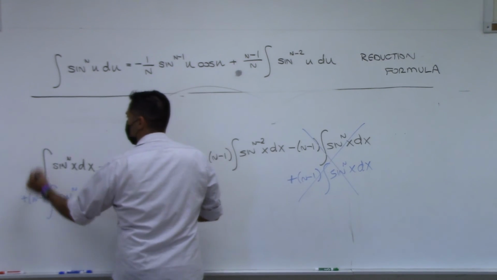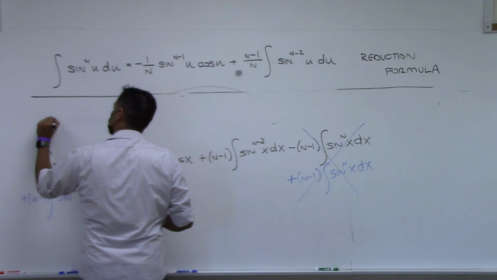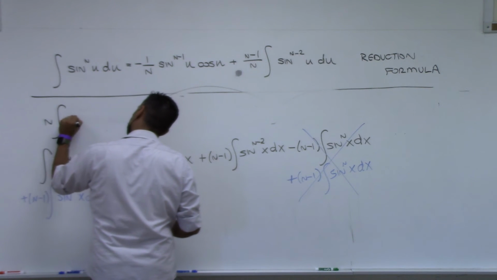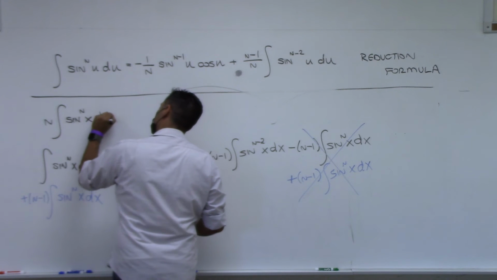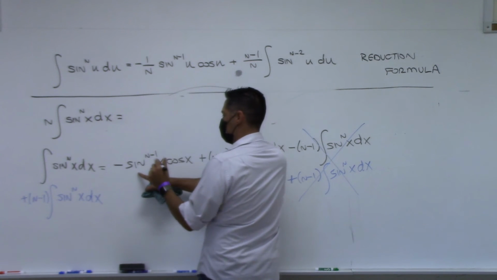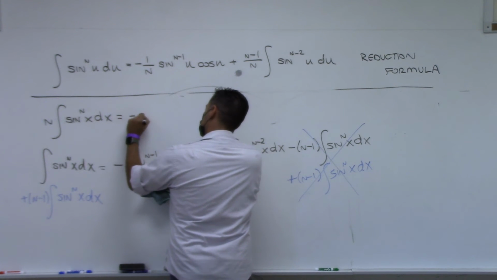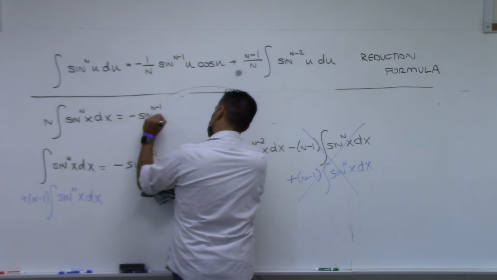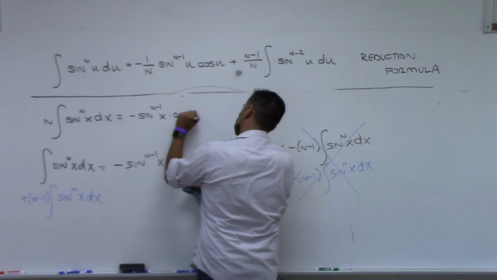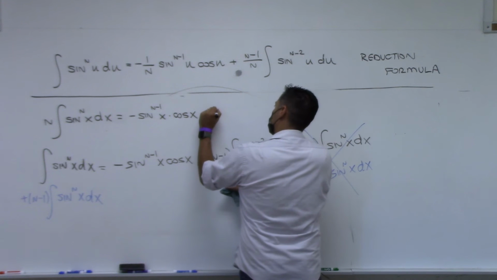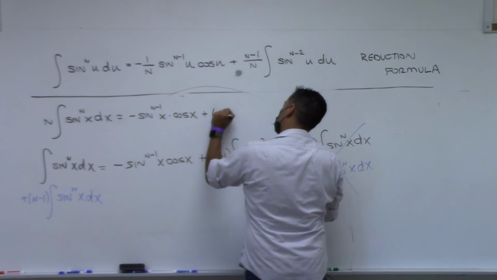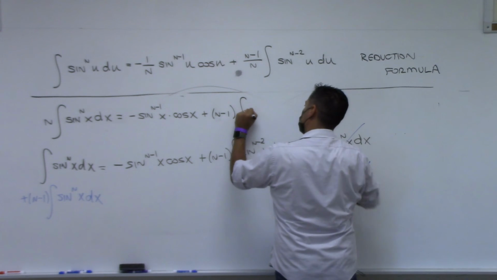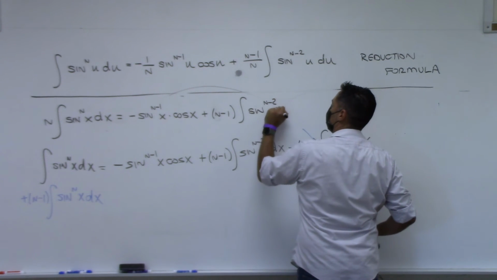Okay, so what we have now is that n of these integrals is equal to negative sine to the n minus 1 of x times cosine of x plus n minus 1 of these integrals where it's sine to the n minus 2 of x dx.